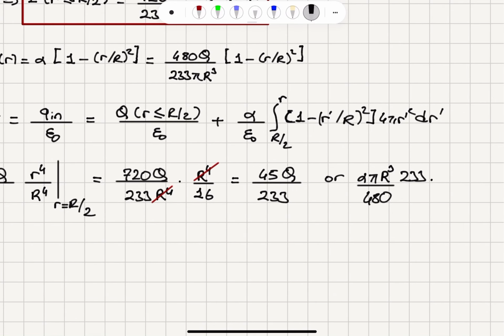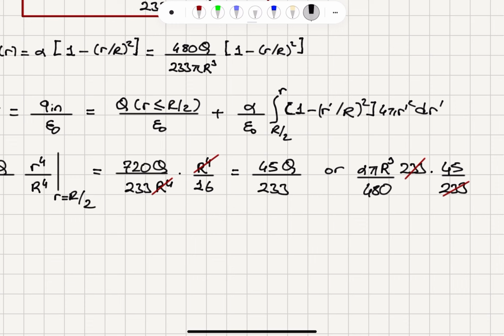And then this is multiplied with 45 over 233. So the 233s will cancel out. And I will find 45 over 480 alpha pi R cube.